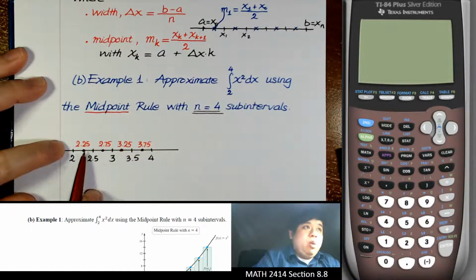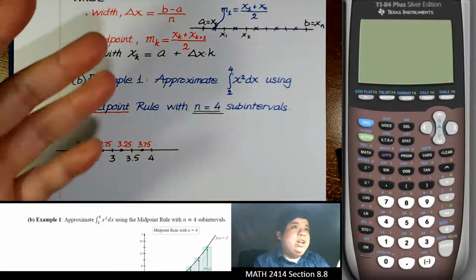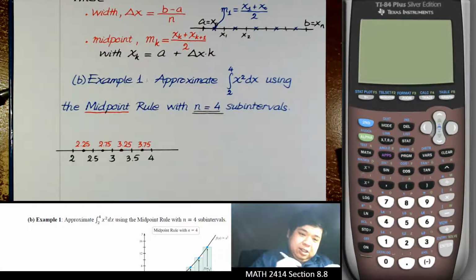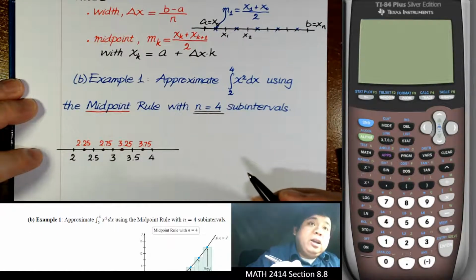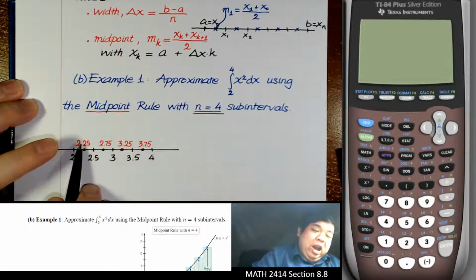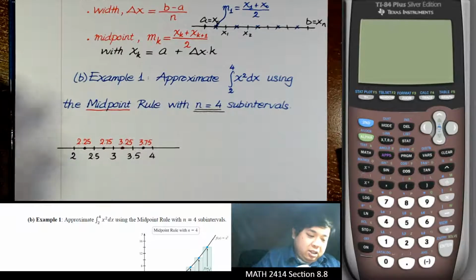Those are the midpoints of each of the intervals. We did this one without even using the formula. And so what we have are the midpoints. We're using these points to make the height.